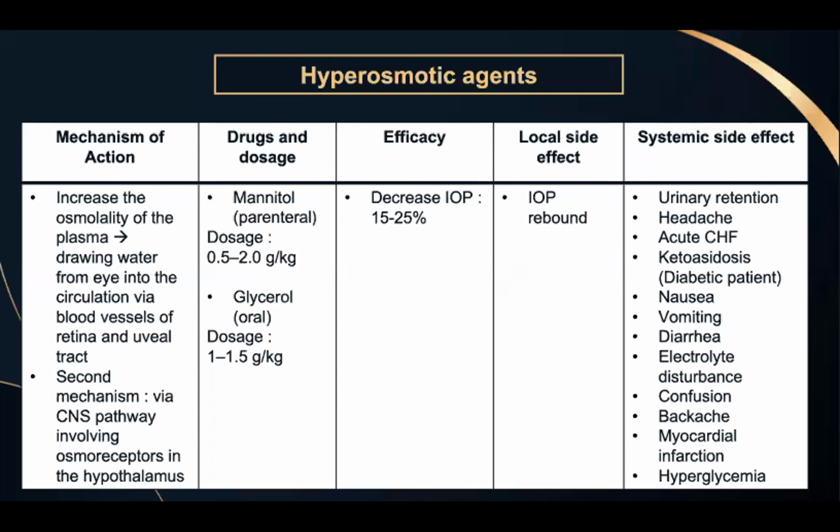Examples of these drugs are mannitol and glycerol, which can decrease the IOP from 15 to 25%, with the local side effect of rebound elevation of IOP. The systemic side effects are acute congestive heart failure, ketoacidosis in diabetic patients, nausea, vomiting, diarrhea, electrolyte disturbance, and hyperglycemia.